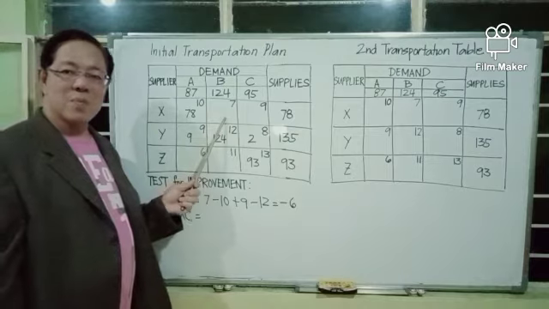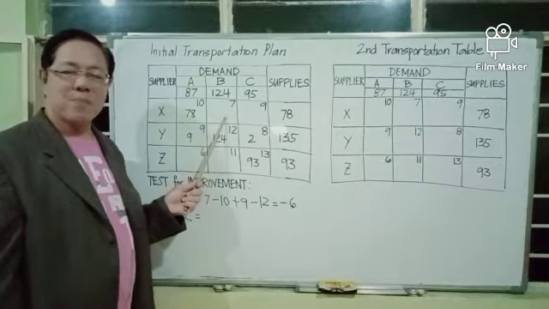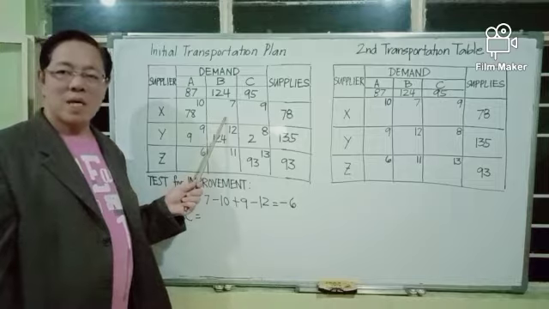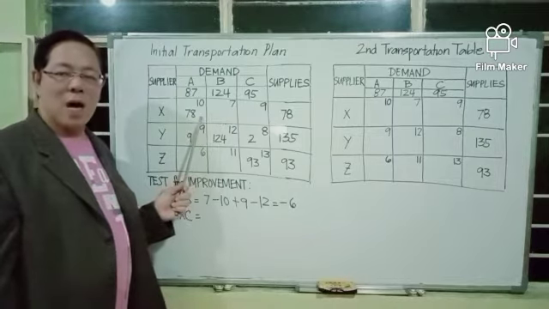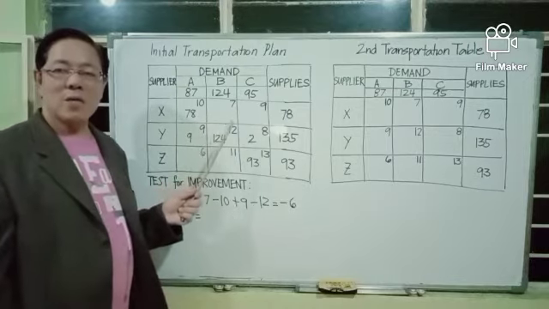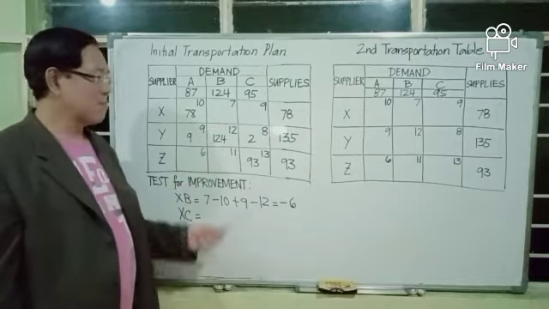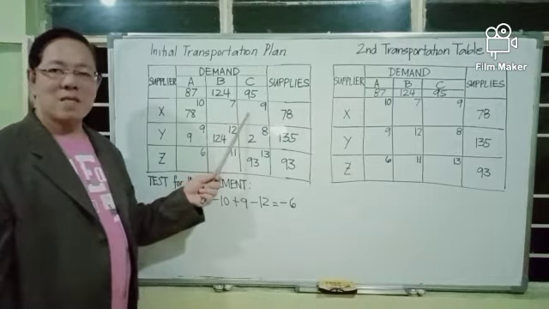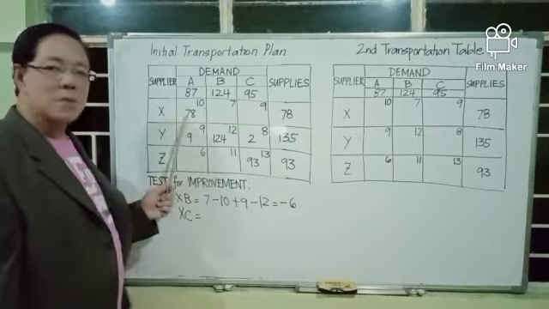And we should skip this cell because it is vacant. You should never stop or land at a vacant cell. You should always land at an occupied cell. As I said, you can skip a vacant cell or an occupied cell. Thus, from this vacant cell, we move horizontally to the left, straight to 78.